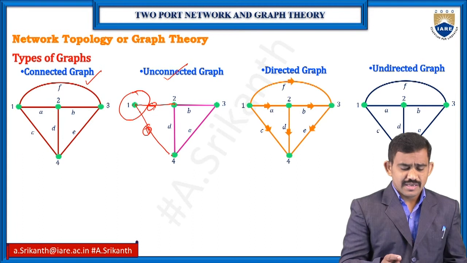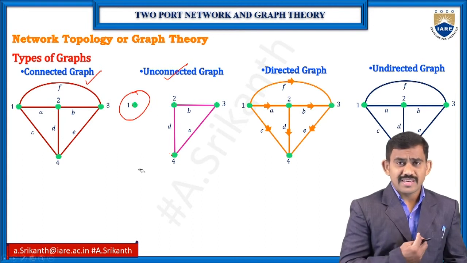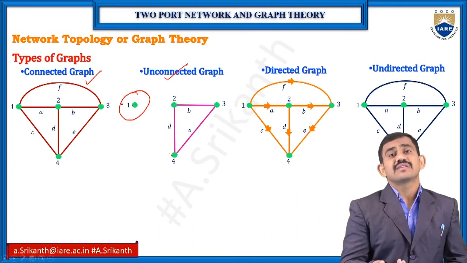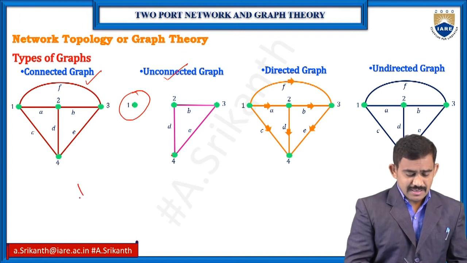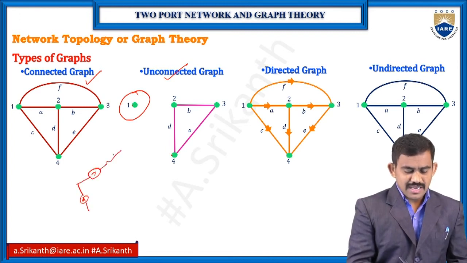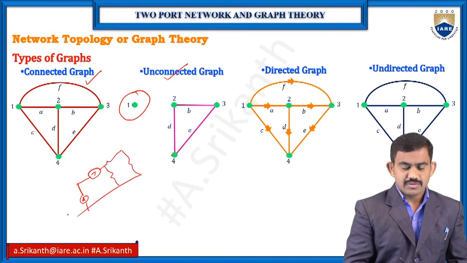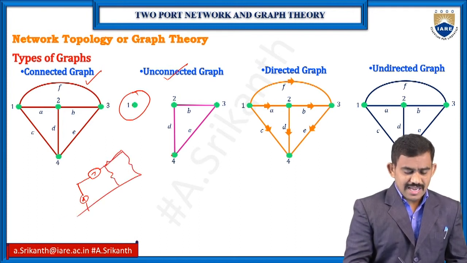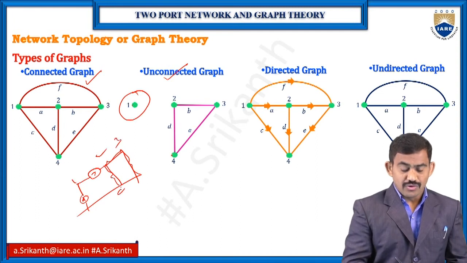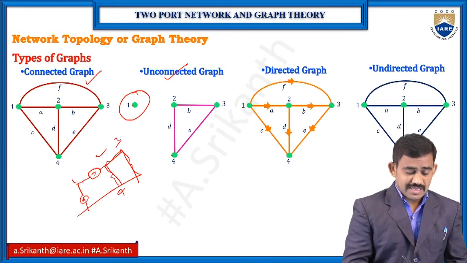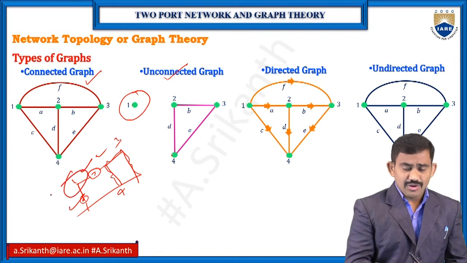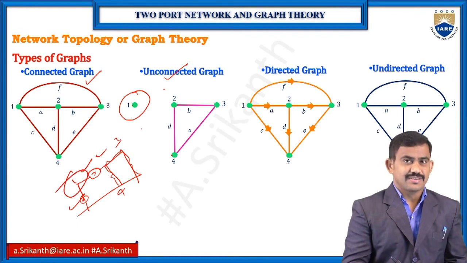A current source means it's open, so you need to write the current source, but your node is not connected. So in general, this is my current source and this is also my current source, and the remaining I have some resistors, suppose. Okay, so for this I have the lines, but 1, 2, 3, 4 nodes. 4 nodes, but here I have a current source, here a current source. This node is now open, so it's not a connected graph.